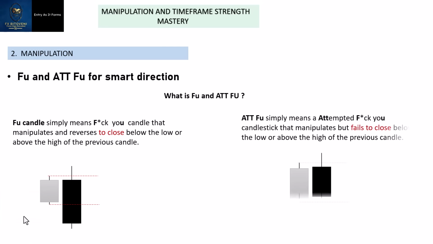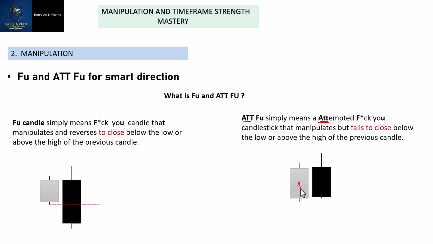Now, what is untapped FU? It simply means an untapped FU. Untapped comes from here. It is a candle that manipulates, but fails to close below the low or above the high of the previous candle.